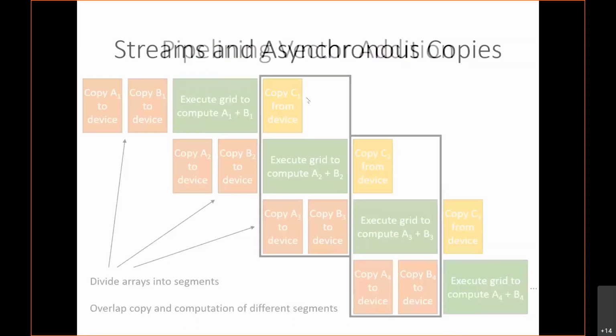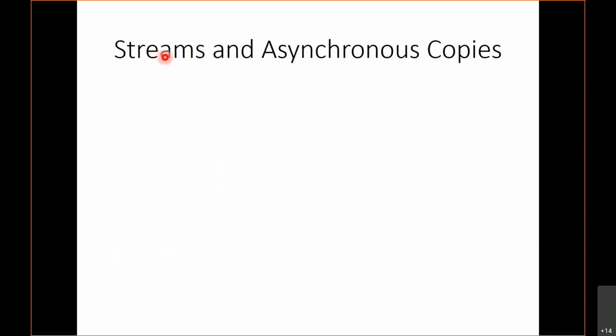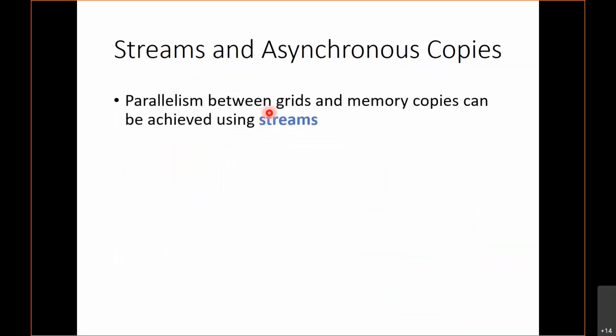And this introduces the topic of streams. The parallelism between grids and memory copies can be achieved using streams, and we're also going to use asynchronous copies. So what streams are in CUDA: you have these streams that contain different tasks that need to be executed sequentially.